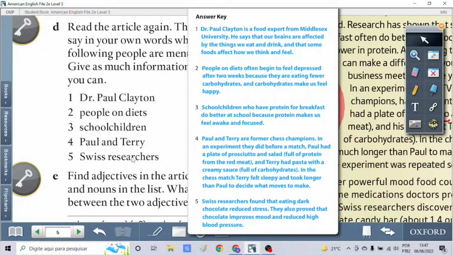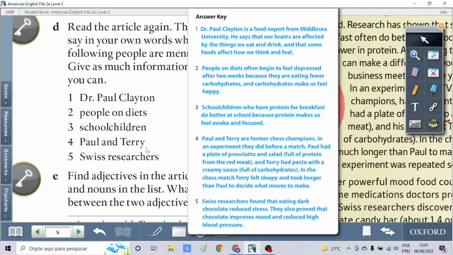Paul and Terry. They are former chess champions. In an experiment they did before a match, Paul had a plate of prosciutto and salad full of protein from the red meat, and Terry had pasta with a creamy sauce full of carbohydrates. In the chess match, Terry felt sleepy and took longer than Paul to decide what moves to make.